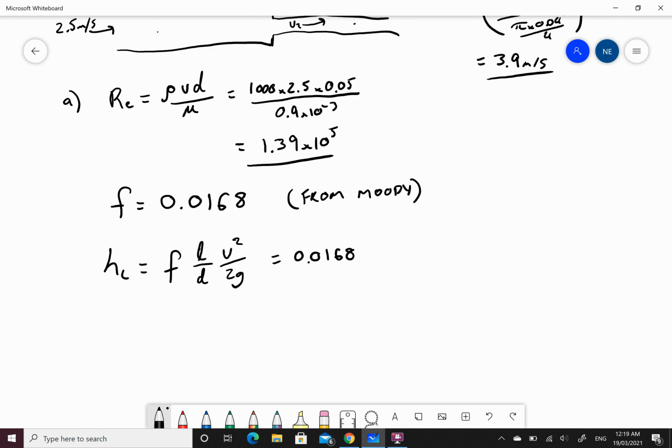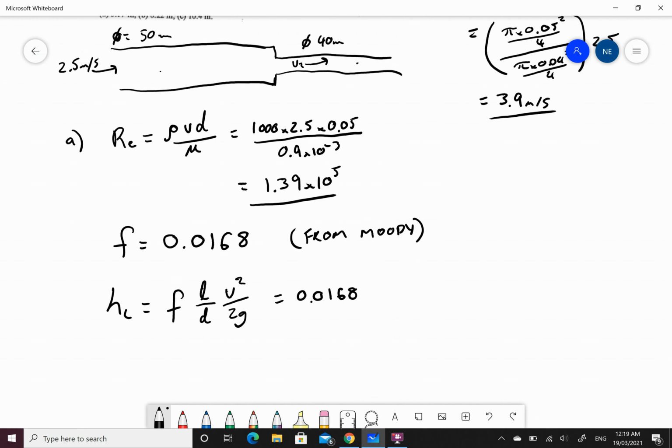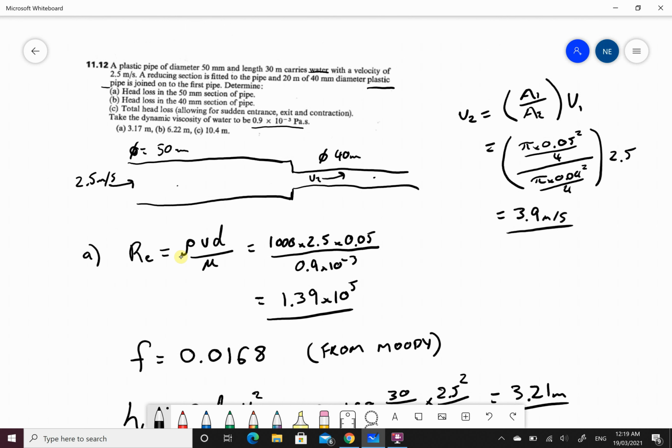The length of this pipe is 30 meters. The diameter is 50. Velocity was 2.5. This equals 3.21 meters. This is the head loss in the 50 mil section of pipe.